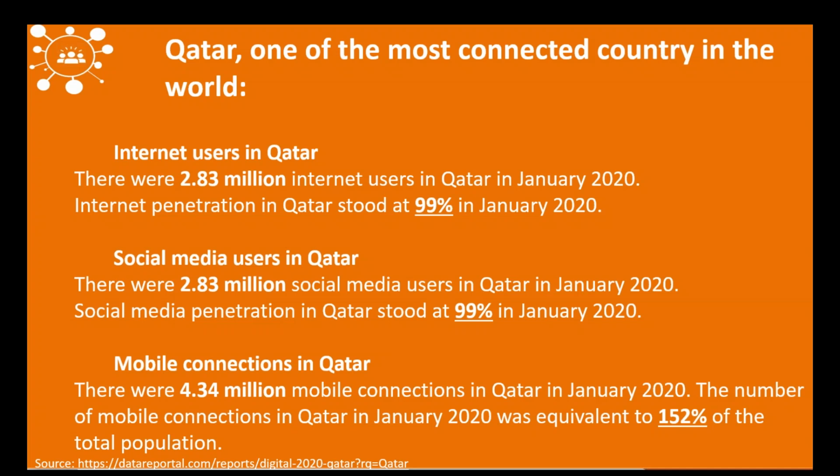This is to say that in Qatar, the population is widely using all the mature information and communication technologies. But at the same time, we don't know so much with regard to societal and economic transformation in Qatar. Next slide, please.